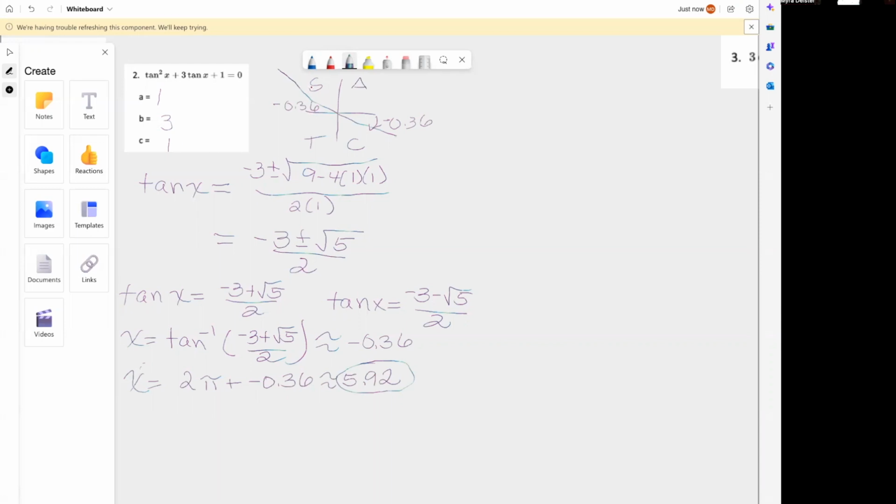So if I take pi, and I add negative 0.36, I'm going to get the second angle.